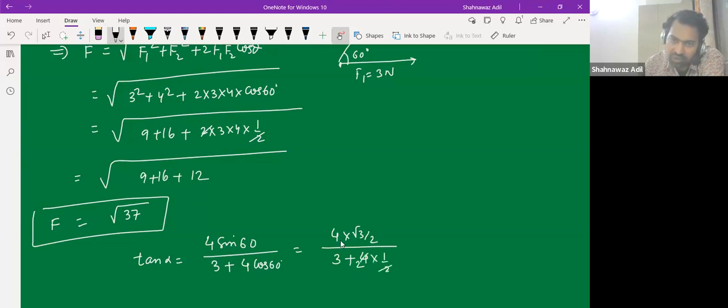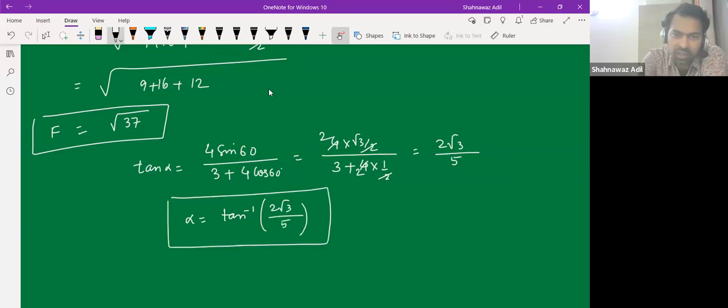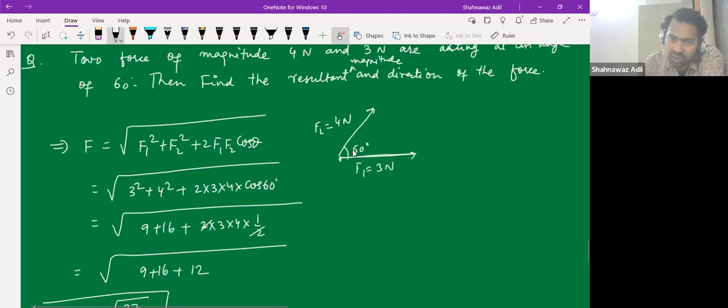So this is 2 root 3 divided by 5. So the angle would be tan inverse of 2 root 3 by 5. So this is the direction. This is the angle from the F1 vector. So we will get the resultant like this, and this angle is alpha. So is this clear, everyone?